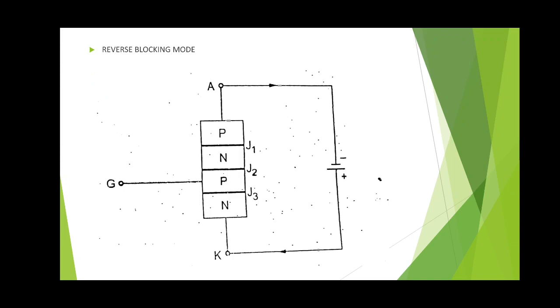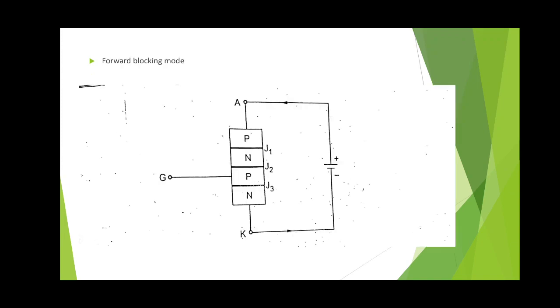The next mode of the thyristor operation is forward blocking mode. The diagram is shown here. In case of forward blocking mode, the SCR is forward biased, that is, anode is connected to the positive terminal of the supply, cathode is connected to the negative terminal, but the gate is open. So this diagram shows the working of SCR in forward blocking mode.